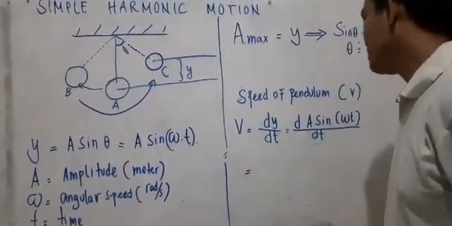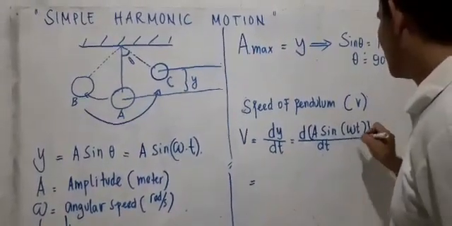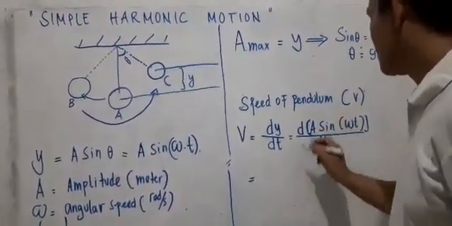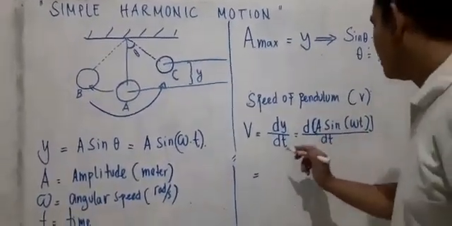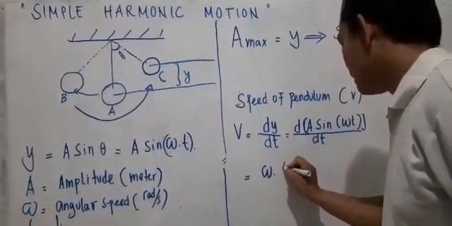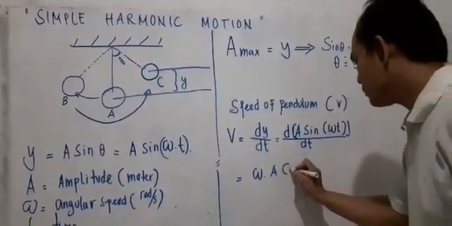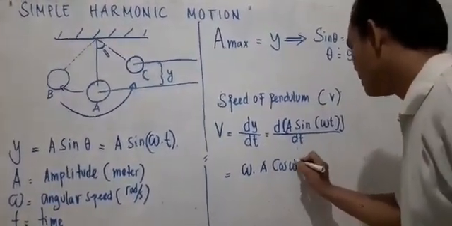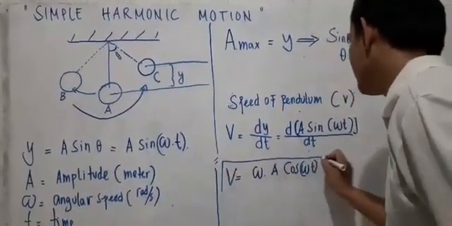We differentiate sin omega t with respect to time, and it will be omega times A times the differential of sin omega t, which is cos omega t. So v is this.